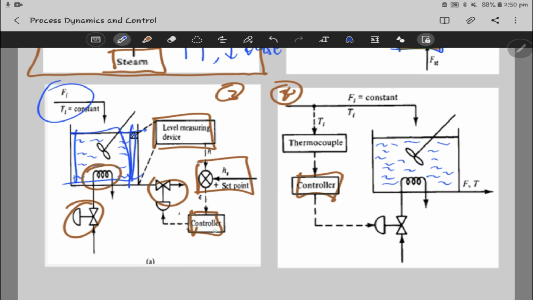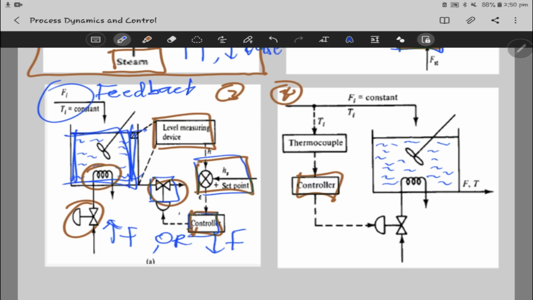So here we're just measuring the height, and we see whether it deviates from where we want it to be, and the controller decides and sends the signal to this, whether to increase or decrease the flow rate, for us to maintain how we want the system to be. So this here too is also what we call a feedback control. There are a whole lot of different types.